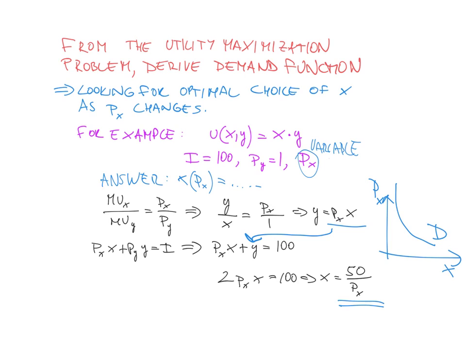That 2px comes from the fact that y is equal to px over 2. So what's the formula? The new demand function should be 200 over 3px.